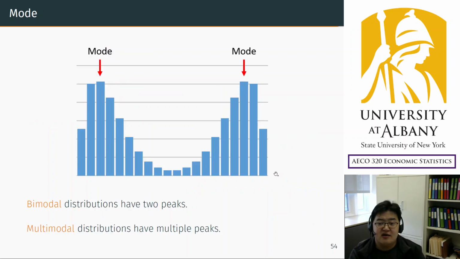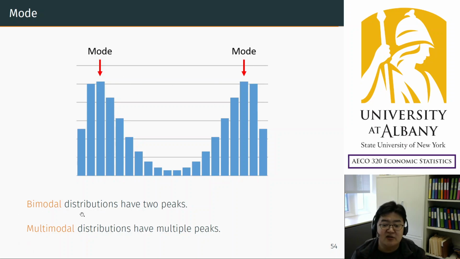But in this case, here is a peak, and then another. There are two peaks, and we call them bimodal. You have heard about bipolarization. The shape of this distribution is called bimodal because there are two modes. And if you have multiple peaks, then you can call it multimodal.